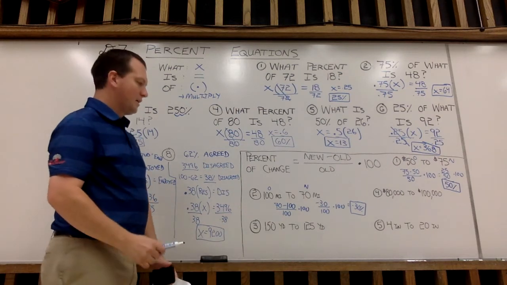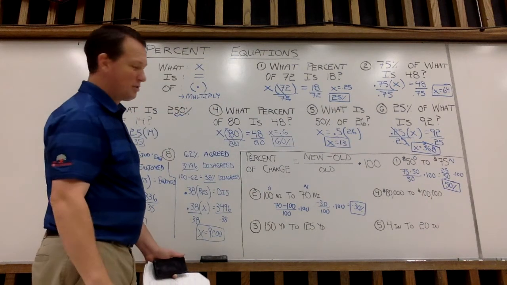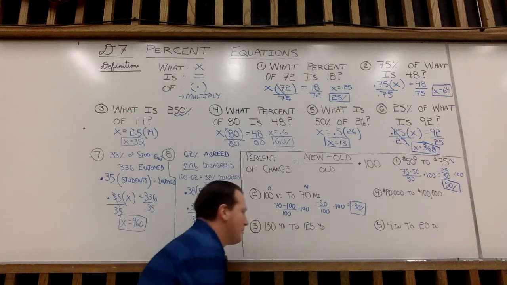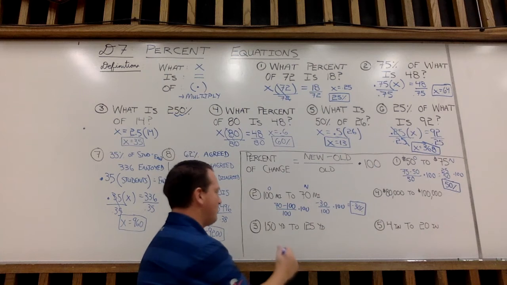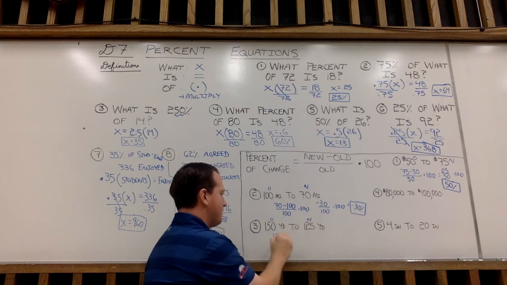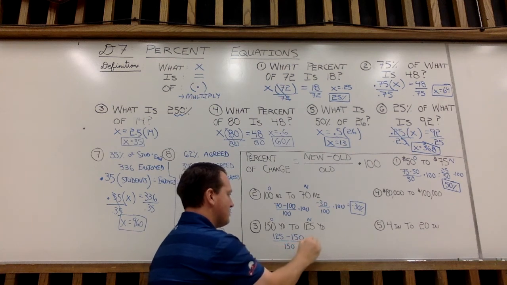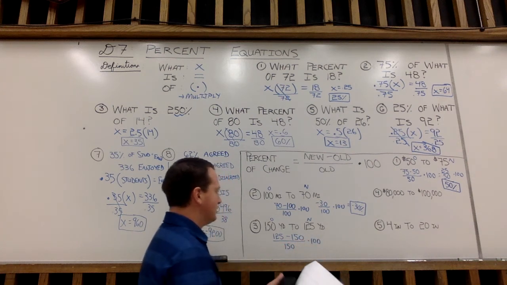All right, little golfing example. We're 150 yards away. Now we duff one and we're only 125 yards away. I get down on my hands and knees and pray about this one a little bit. So my new value, 125, minus old 150, divided by old 150, times 100.